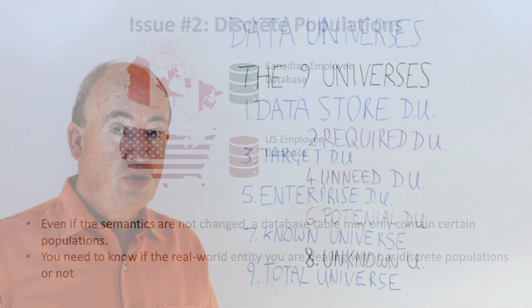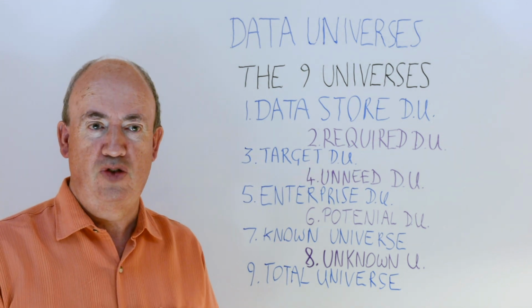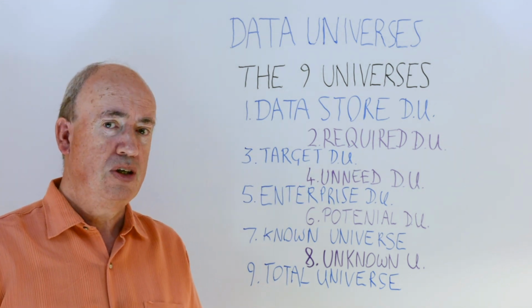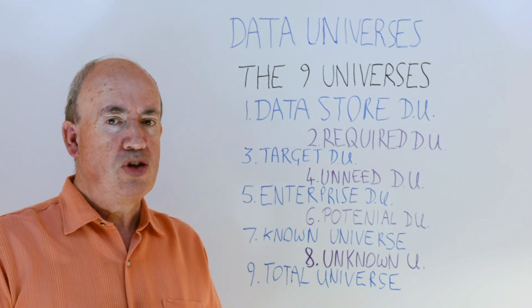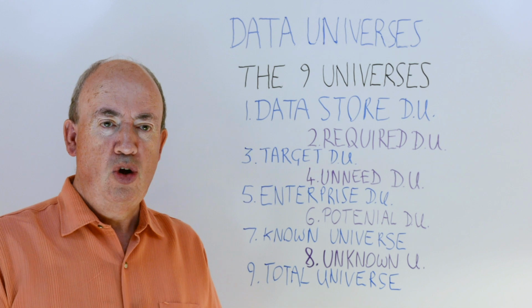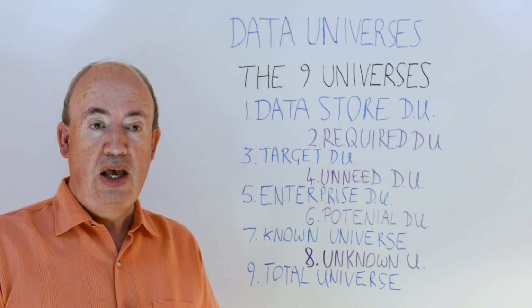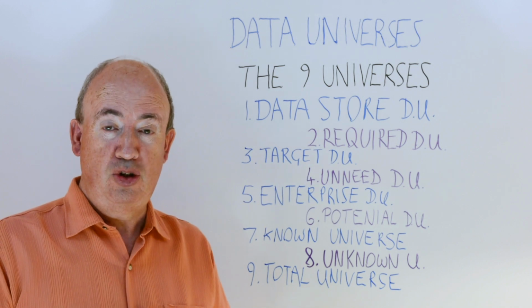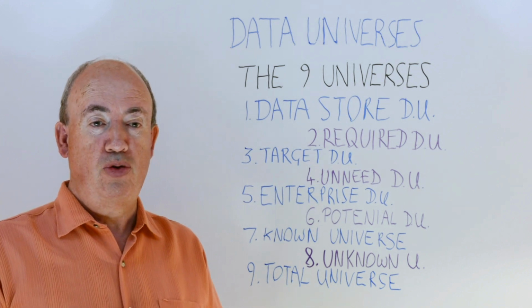Again, all true employees, no semantic problems, but they're two distinct populations of things. But even if there's no semantic issues and we've got a single population, we're still going to run into different data universes, and there are 9 such universes, or at least 9 that I can think of. So let's run through them.